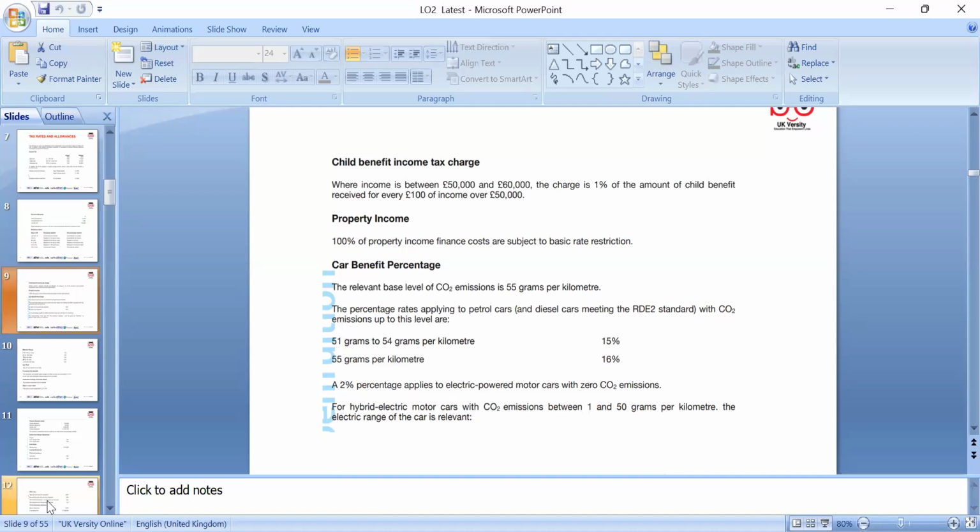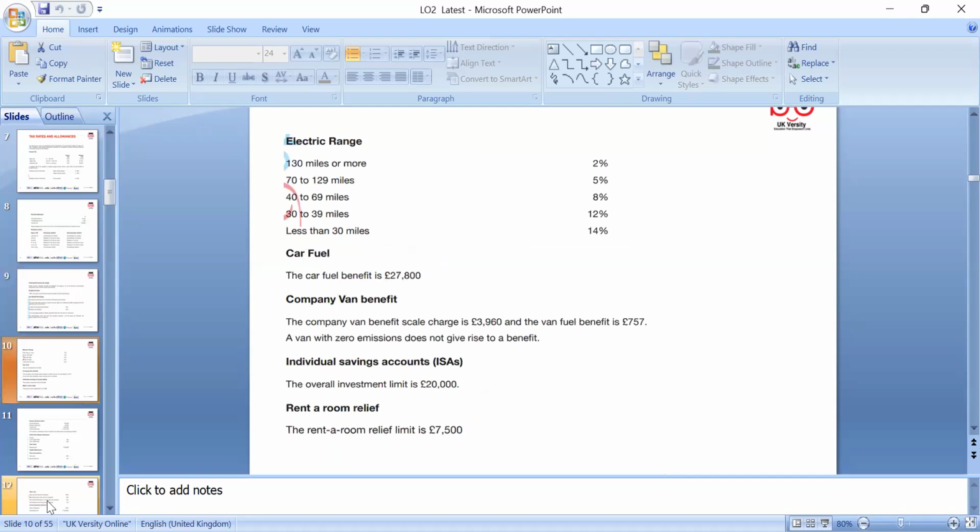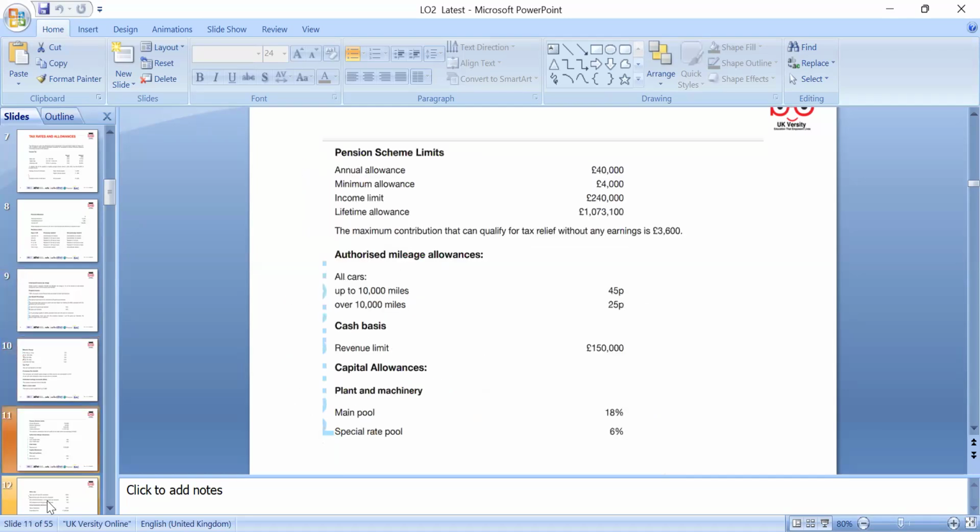Property income costs are subject to the basic rate restriction. For cars, we look at the CO2 levels, the rates for an electric car, and the mileage claim, 45p, 25p, 10,000.